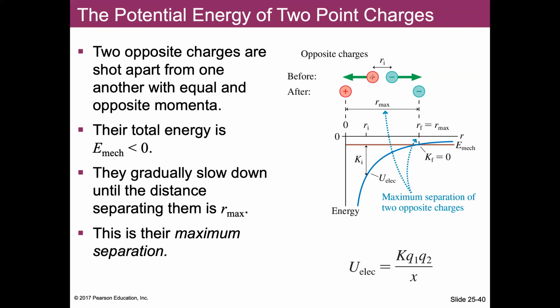If they have an initial velocity which is separating from each other, then they will also become slower and slower, and finally they could reach the maximum distance between them. And there is also a way to calculate the maximum distance.